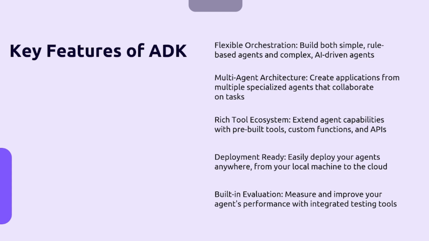It means ADK comes with pre-built tools that are ready-made capabilities which you can plug into your agents. ADK is deployment ready, which means that you can deploy and make your agent available to use very easily, whether it's on your local machine for testing or on cloud platforms for global access. ADK has built-in evaluation. That means that ADK has testing and monitoring tools to measure how well your agent is performing.